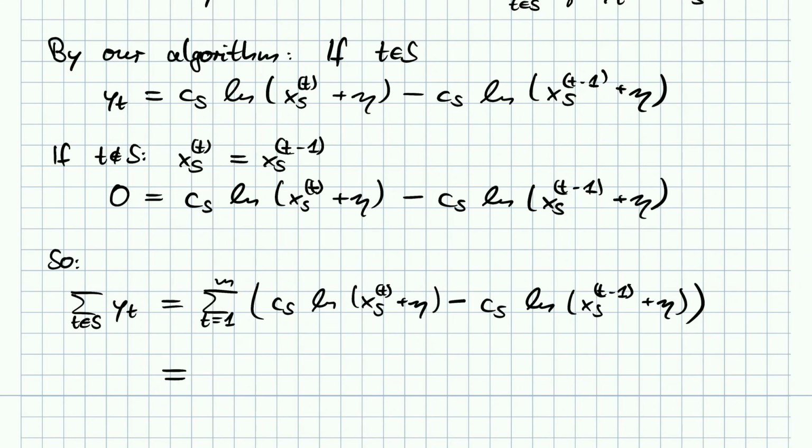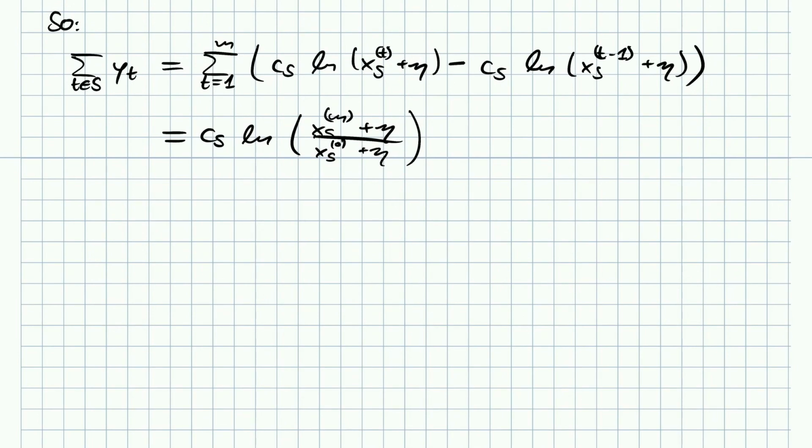And now we are getting here a telescoping sum, and this simplifies our life because now what we're getting here is x as m plus eta divided by x as 0 plus eta. And furthermore, x as m will be at most 1, x as 0 will be equal to 0.